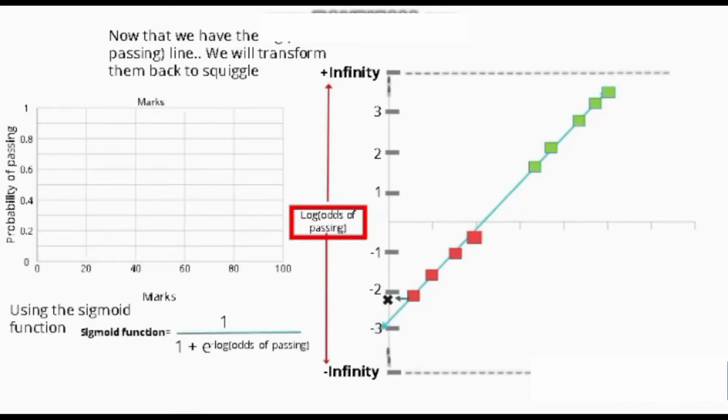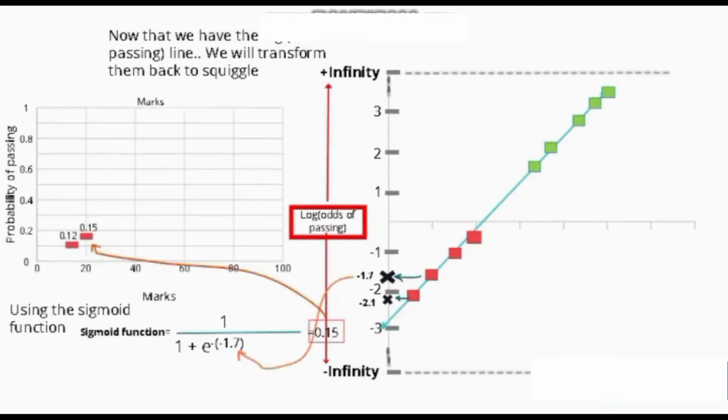For instance, here we take negative 2.1, plug it into the sigmoid function, and we get probability of passing equal to 0.12. Then again we take negative 1.7, plug it into the sigmoid function, and we get probability of passing equal to 0.15. And we do the same for the rest of them.